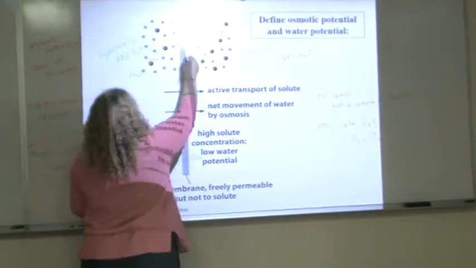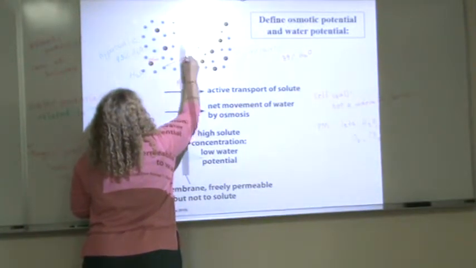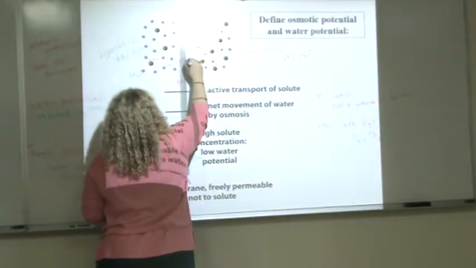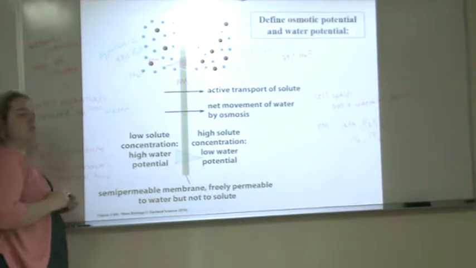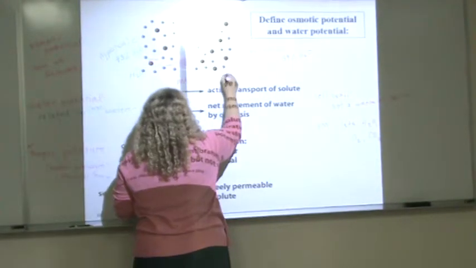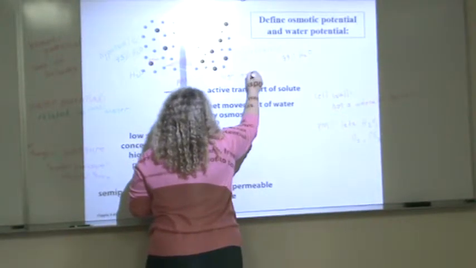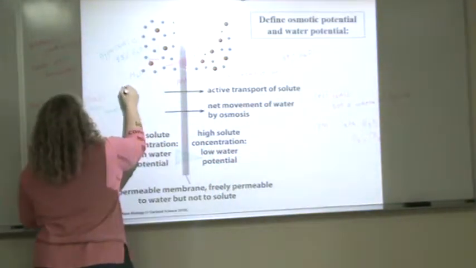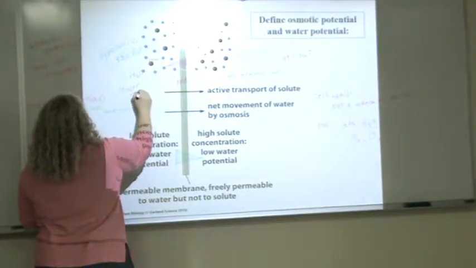They would like to move from here to here and spread out by diffusion, but the membrane blocks them. But if they were able to move, they would be moving from an area of high osmotic potential over here to an area of lower osmotic potential over here.